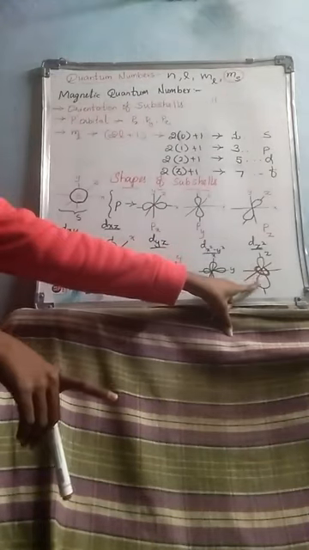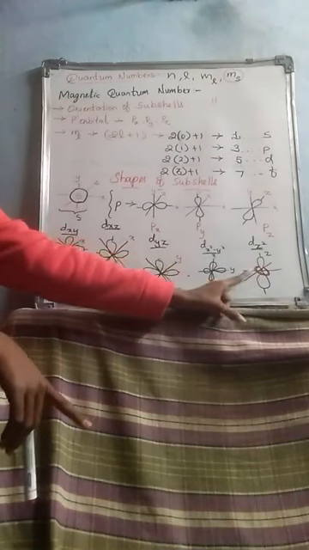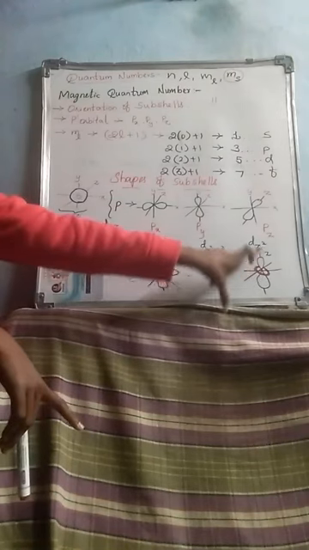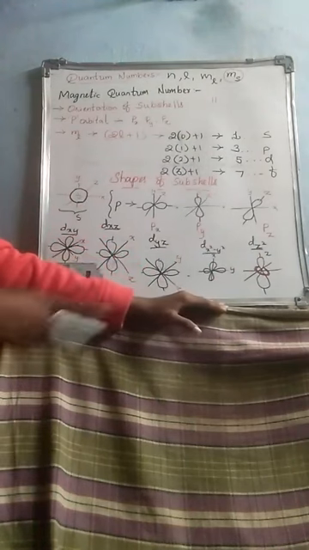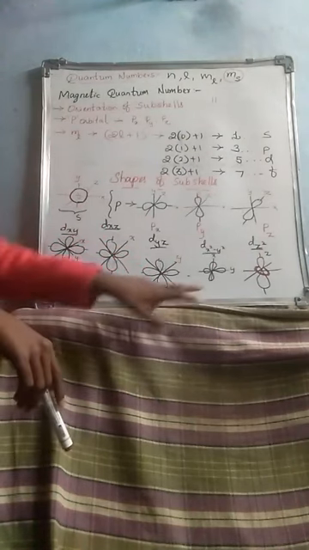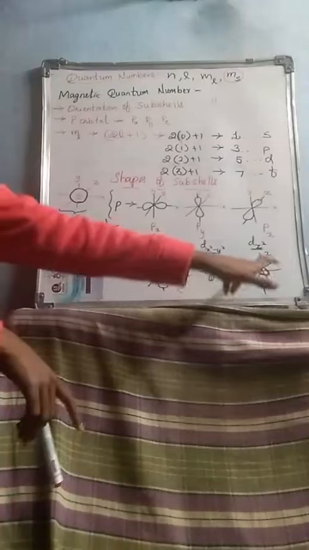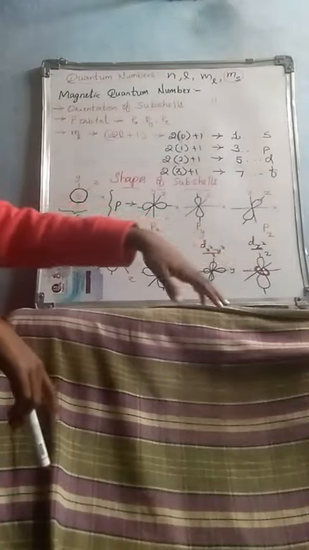Two lobes of one orbital will be placed along the z-axis, and another ring-shaped lobe will be placed in a circular path around the z-axis.